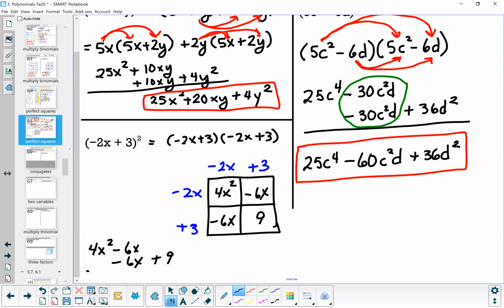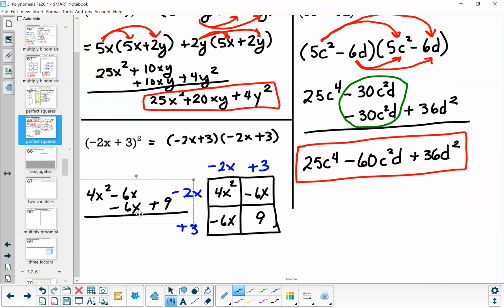You simplify that, and you're going to get 4x squared, you're doubling your negative 6x, minus 12x plus 9. And that is a perfect square as well.